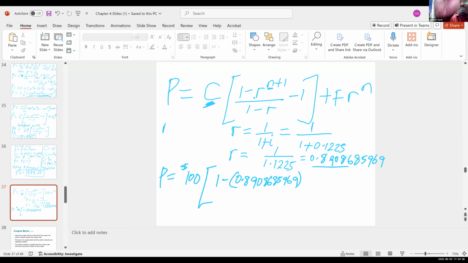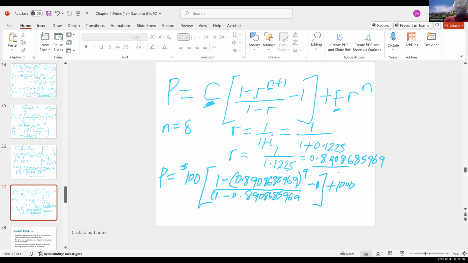Remember, n is 8, so 8 plus 1 is 9. Divide by 1 minus the ugly number, 0.890868585969, and then subtract 1 from it and close that bracket.